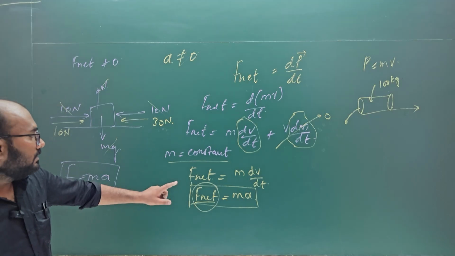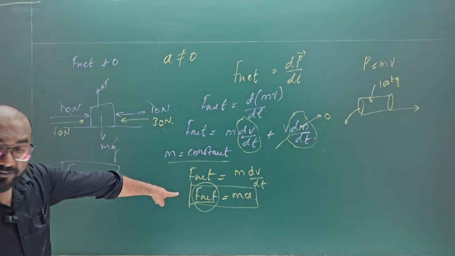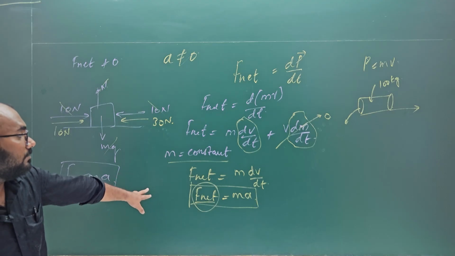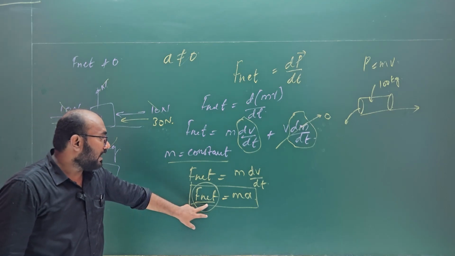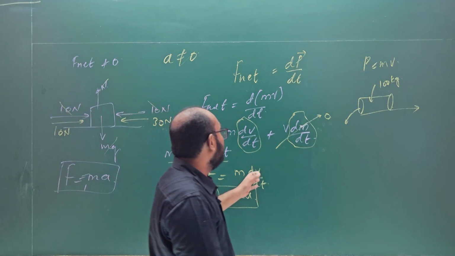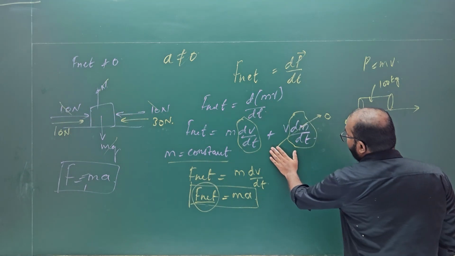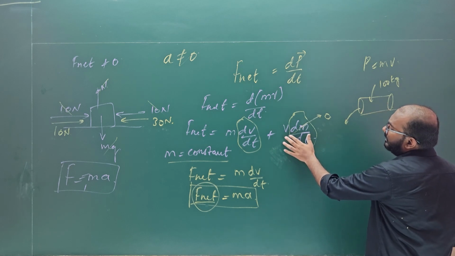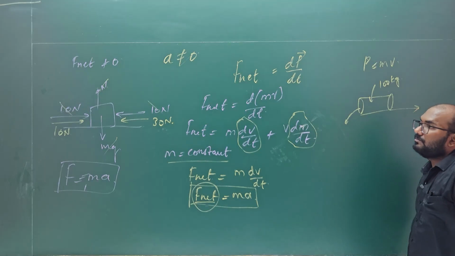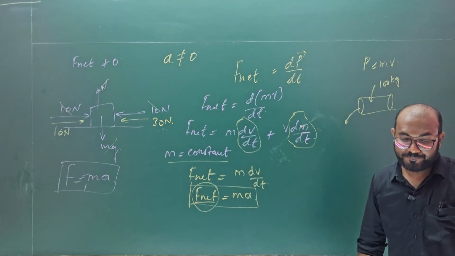So this is the correct equation if mass is taken as constant. There is no change in the mass, then and only then we can apply F net is equal to ma. If mass is changing, you should use the other statement. We will learn how to apply this statement in the correct order. Till now, note down this.